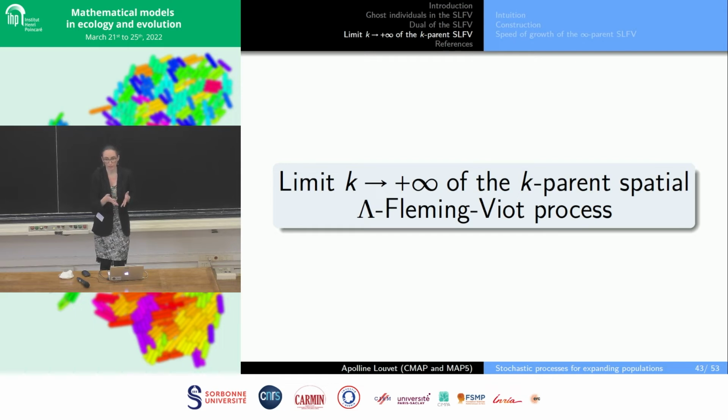or very strong selection against these ghost individuals, while the regimes usually considered in the literature are more like weak selection regimes. So I have been focusing on the regime in which the number of potential parents that you sample inside the reproduction balls grows to +infinity.